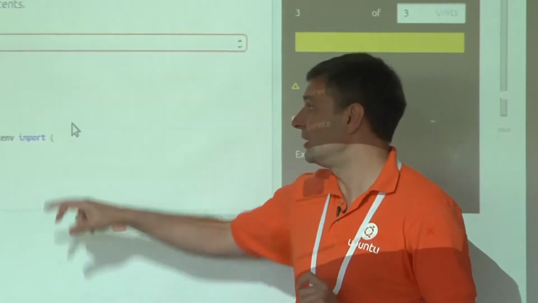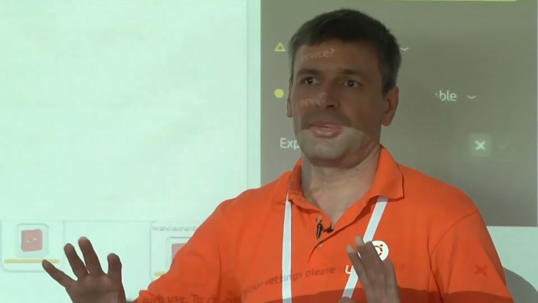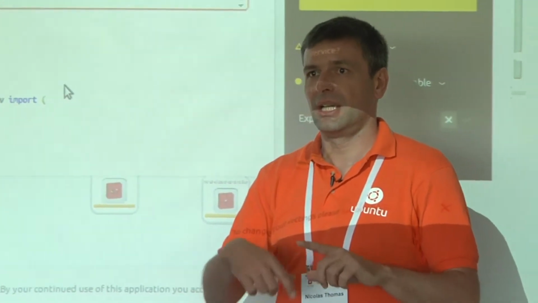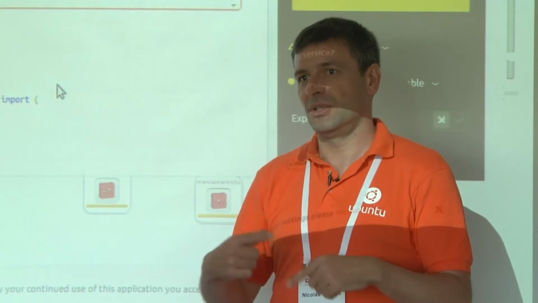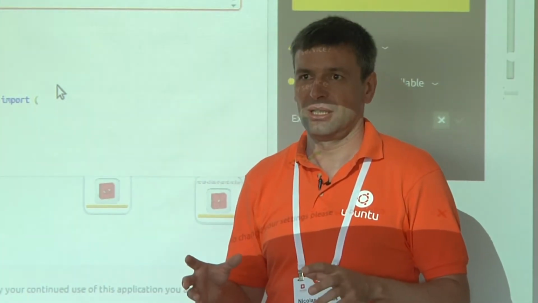And if that script fails, Juju will show you that the configuration could not be applied, something didn't work. And then you can easily go to that service, to that unit, and debug what's going on. It's very easy to do.